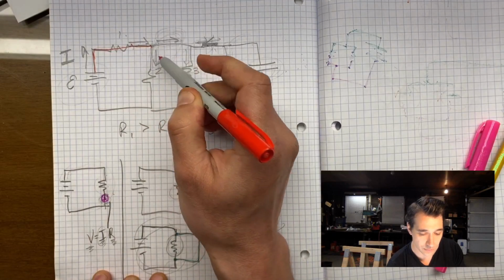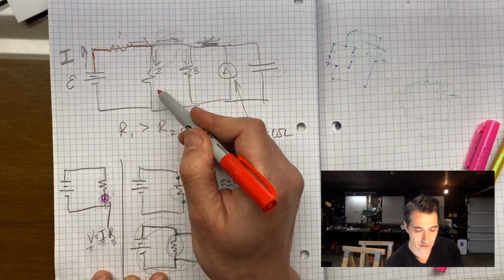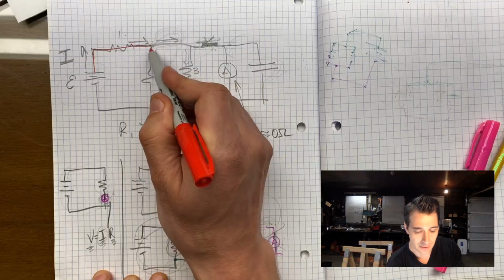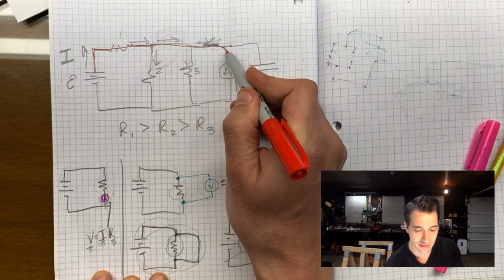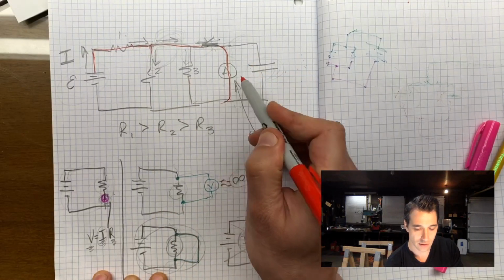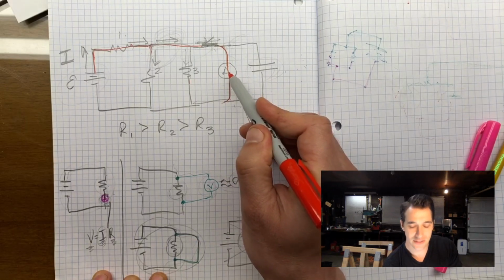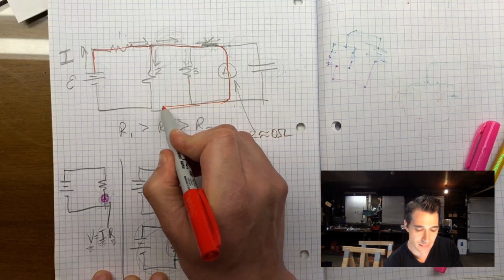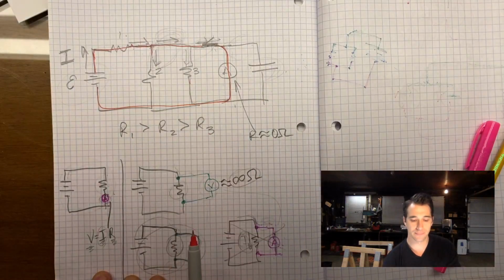If it was pushed hard enough, it could get through a resistor or get through this resistor, but guess what? It has a path where it doesn't have to be pushed at all, right? Our ammeter has no resistance whatsoever. This ammeter is creating a short circuit.